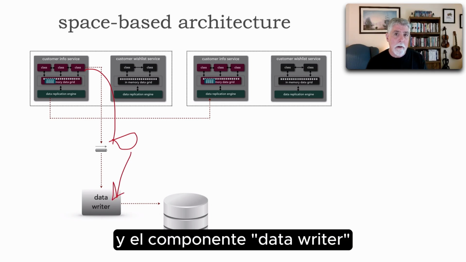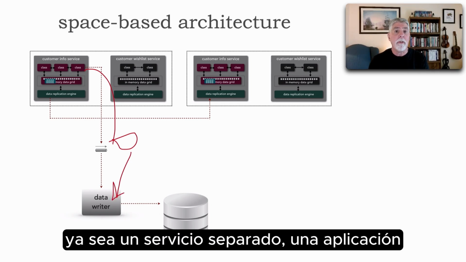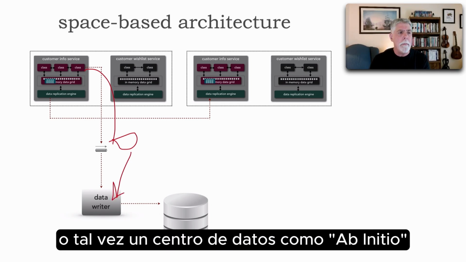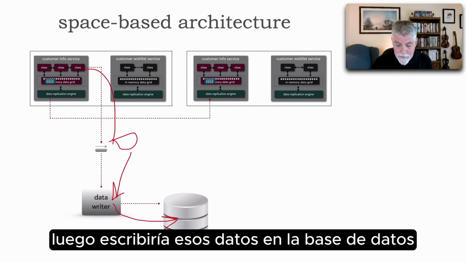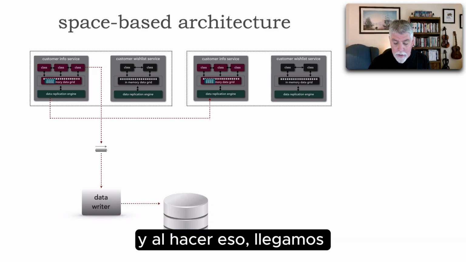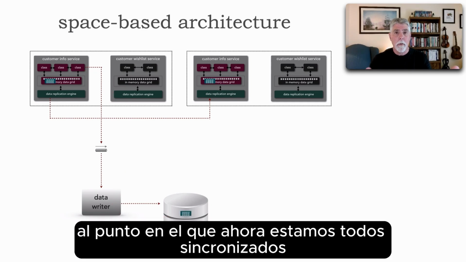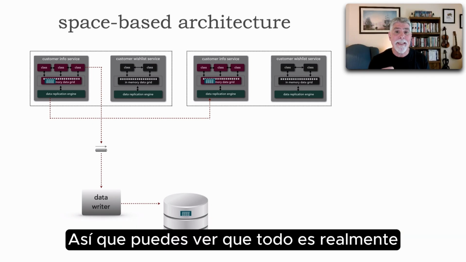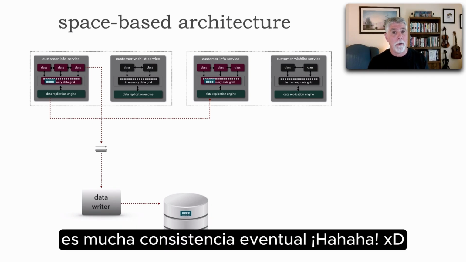And that data writer component, whether it be a separate service or an application or maybe a data hub like Ab Initio, would then write that data to the database. And by doing that, that's when we come to the point where we're now all in sync. And so you can see everything is very much eventual consistency.